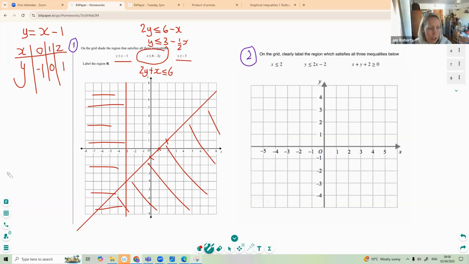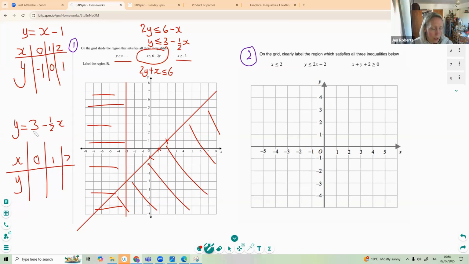Let me draw that as a straight line. So we're going to draw the line y equals 3 minus half x. Okay, half times 0 is 0, so 3 minus 0 is 3. Let's just write this next one out. 3 minus a half times 1.